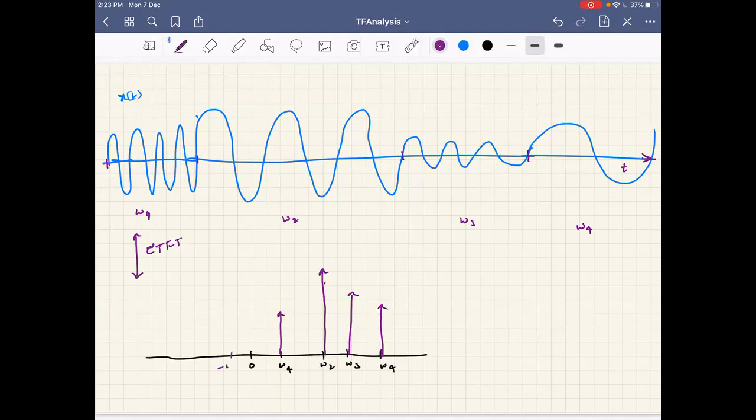I am not sketching it here: minus omega 4, minus omega 2, minus omega 3, and minus omega 1. The same magnitudes will be there.